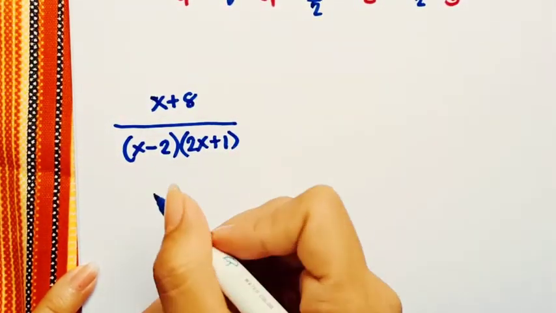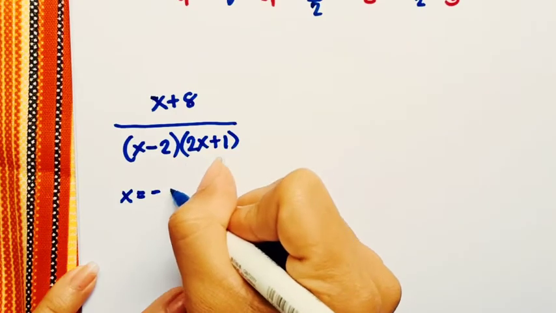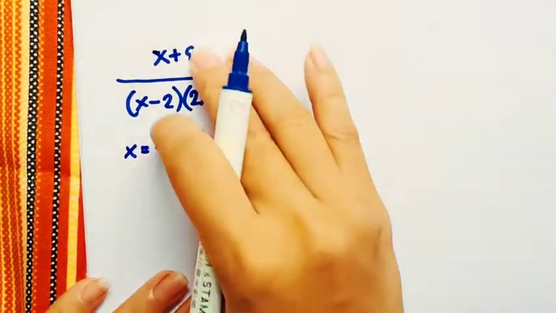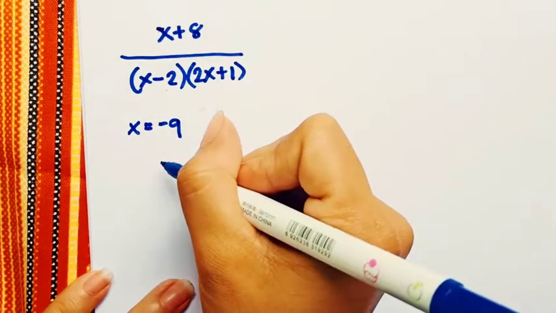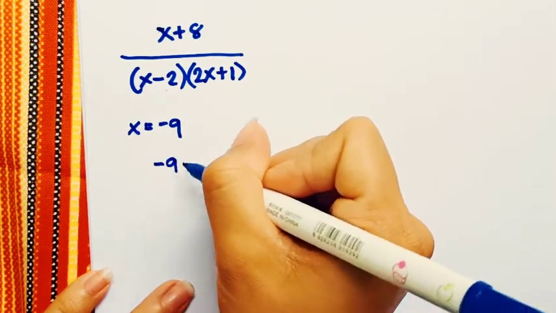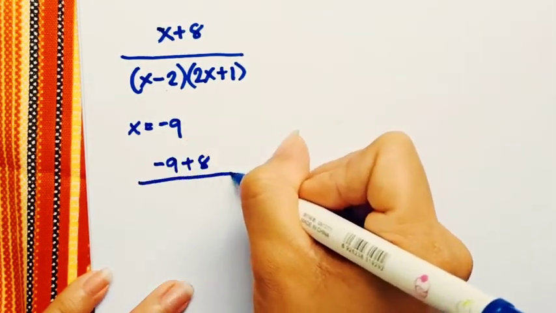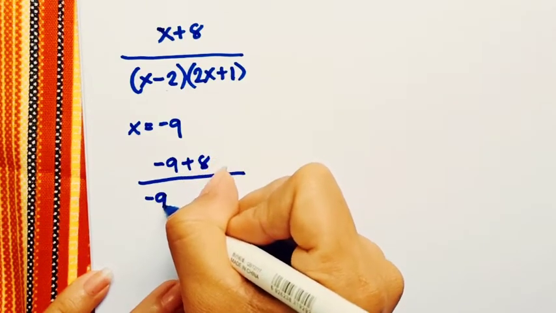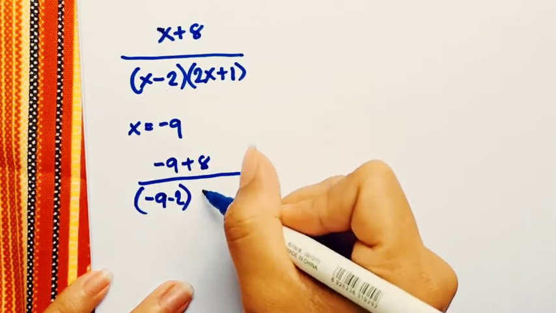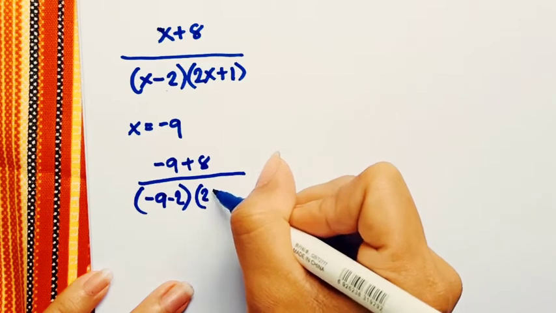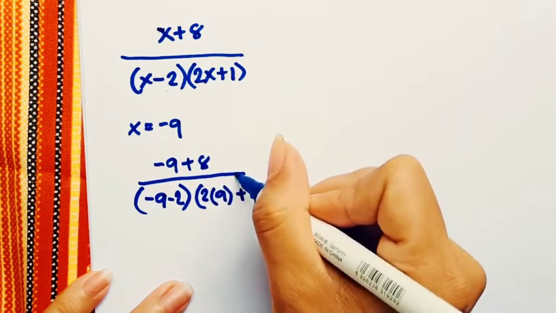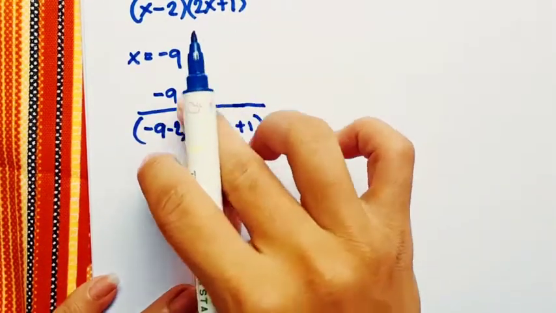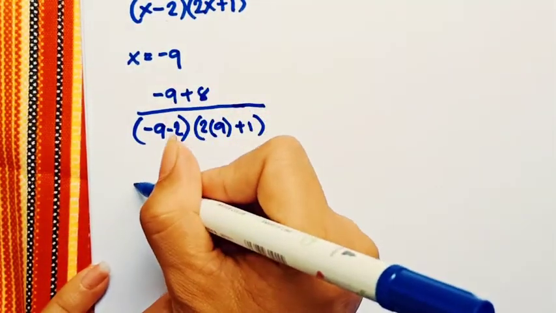So, first, we have x is equal to negative 9 kare. Unsa ang mahimong sign pag i-substitute nato siya? So, let's do this. Negative 9 plus 8 all over negative 9 minus 2 times 2 times 9 plus 1.